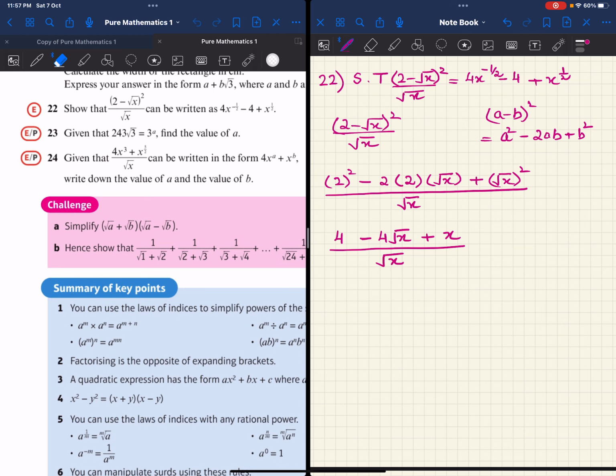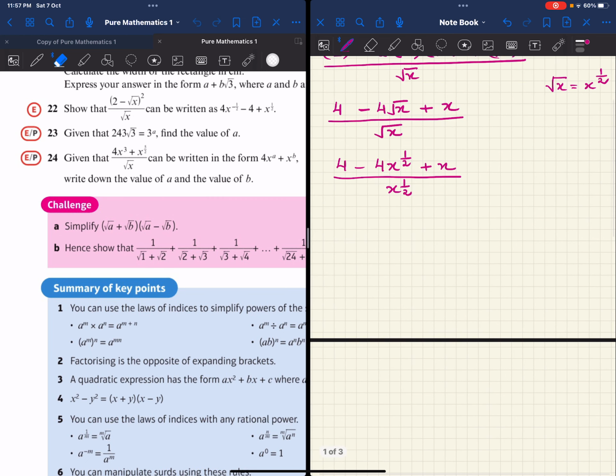Since our answer is in the form of a fractional power, we will change the root signs to fractional powers. Square root of any number is equal to that number to the power of half. So let's rewrite this: 4 minus 4x to the power of half plus x, divided by x to the power of half.